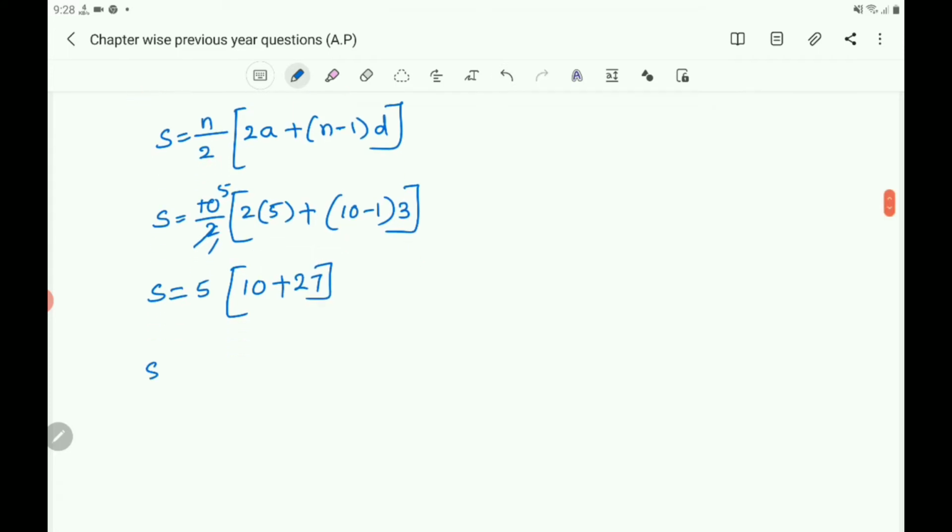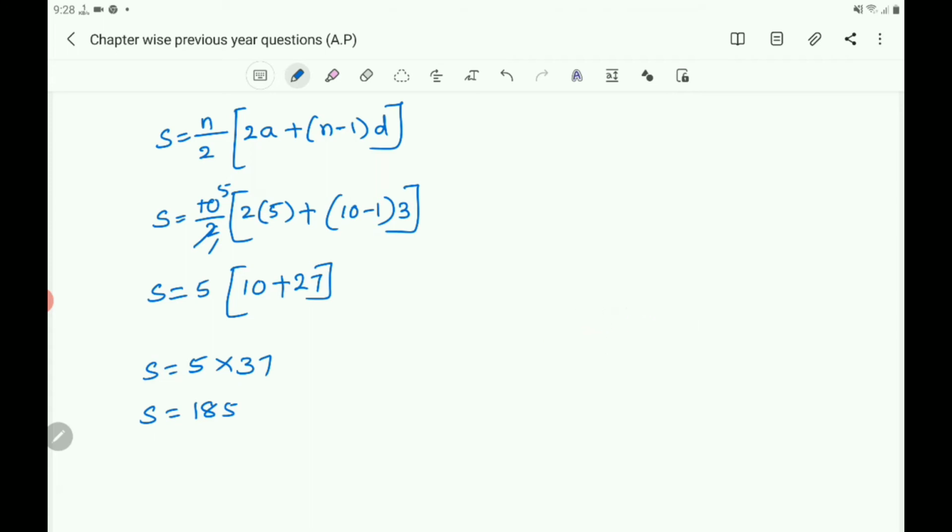Then you will get S equals 5 into 27 plus 10 is 37. Then what is the product of 37 and 5? 37 into 5 is 7 5s are 35 and 3 5s are 15, 15 plus 3 is 18. So write the sum is 185 you got.